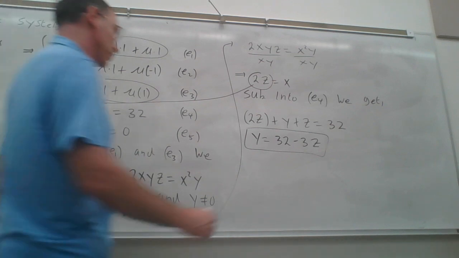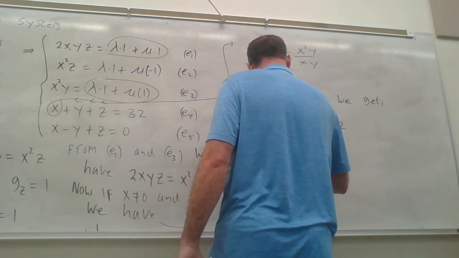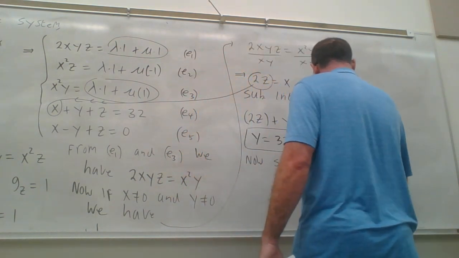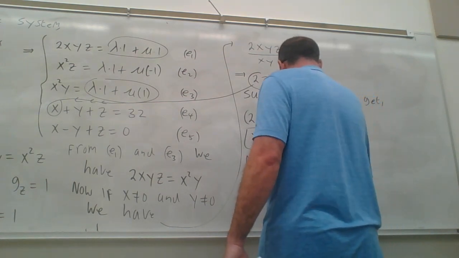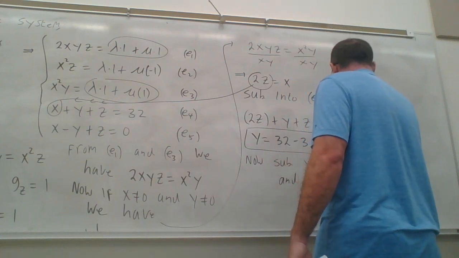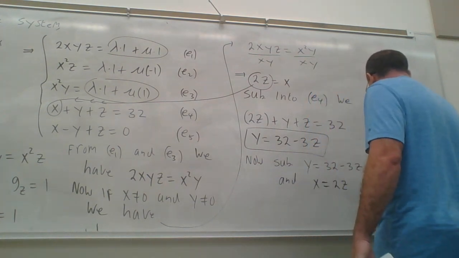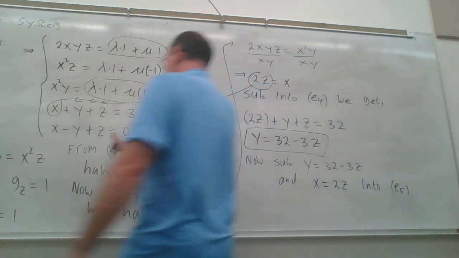Okay. So now we're going to sub y equal to 32 minus 3z and x equals 2z into equation 5. So here's equation 5 over here.